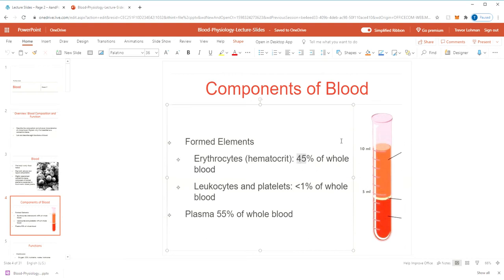This represents the oxygen carrying component of your blood. Some oxygen can be dissolved in plasma, more so carbon dioxide, but for the most part, this represents the oxygen carrying capacity of your blood. So if this is really low, your ability to carry and transport oxygen to your tissues is going to be diminished.